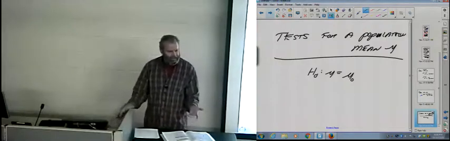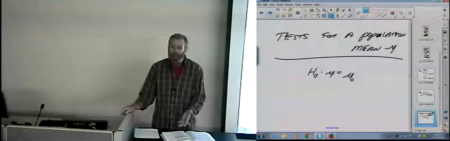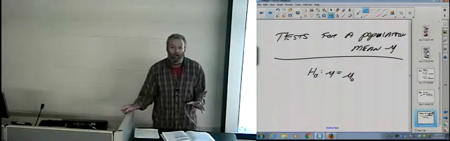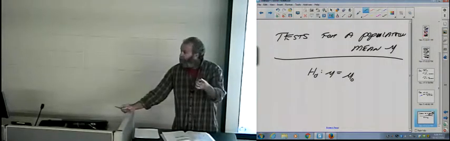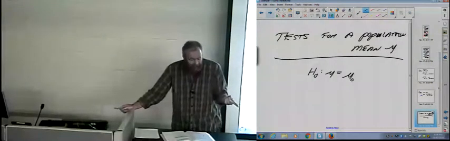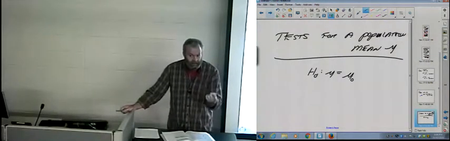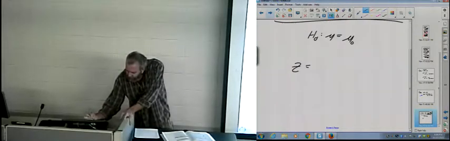It says the one sample z-test statistic. Let me add some more words to that. It's a z-score. It's one sample because we're taking one sample, one SRS of size n, right? The z-test statistic, it's a z-score. That's your test statistic. And your z-score is calculated how I just showed you.